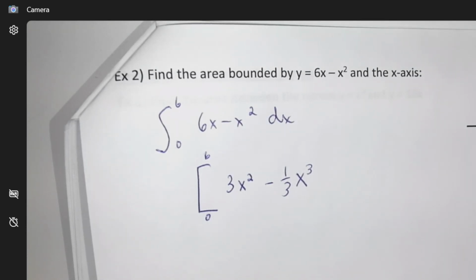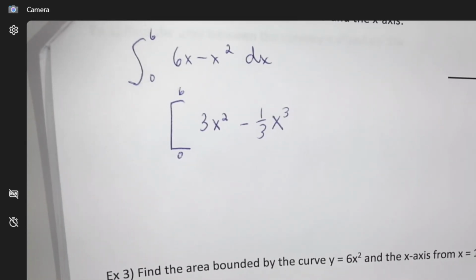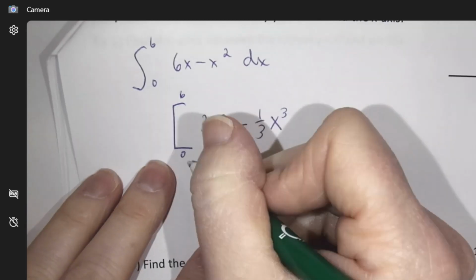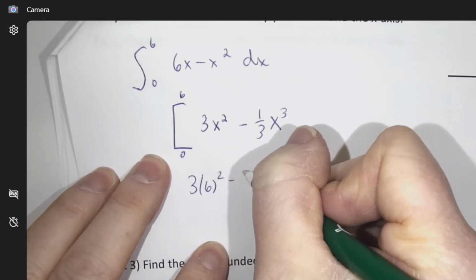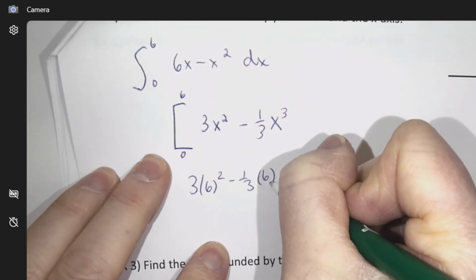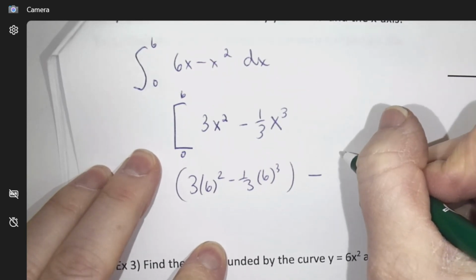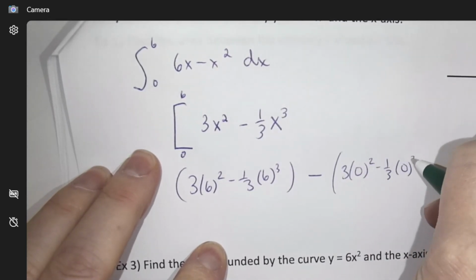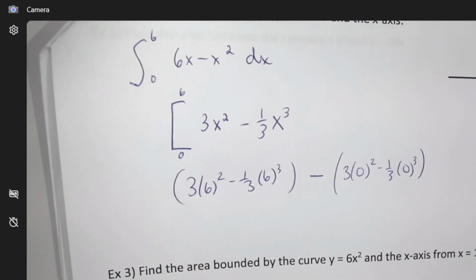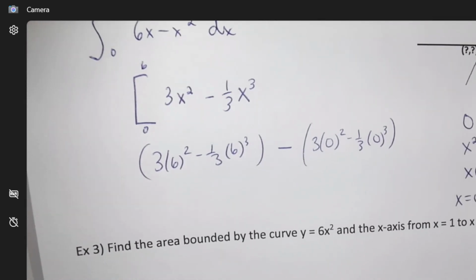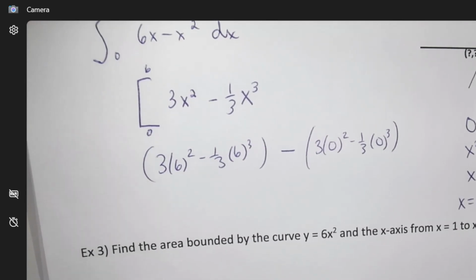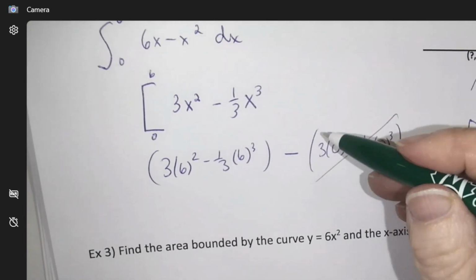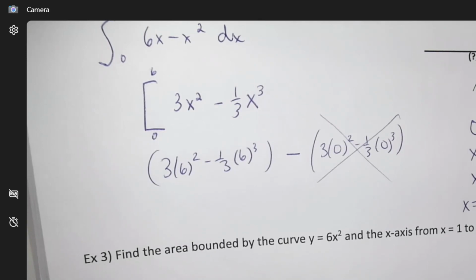So you're going to do that from 0 to 6. Plug in a 6, subtract, plug in a 0. If it's all right with you, I'm just going to completely X that right off because that will just be 0.